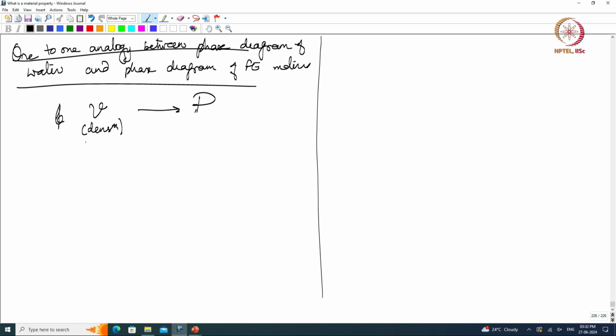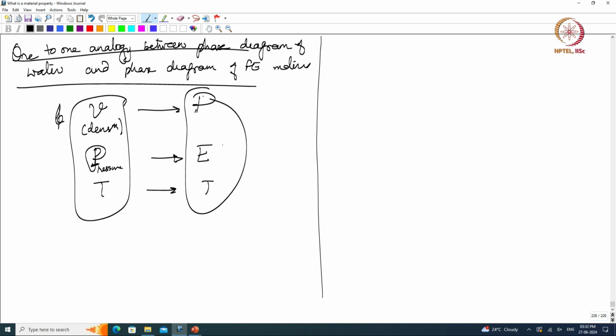Temperature is of course temperature, and pressure I am going to write as some script p. This pressure will be similar to the electric field that I am applying. So, these are the analogies with the phase diagram of water.